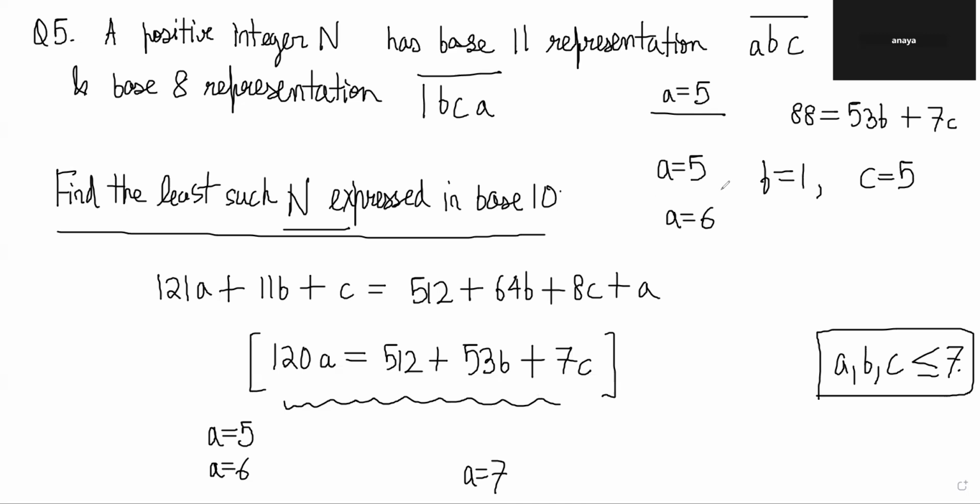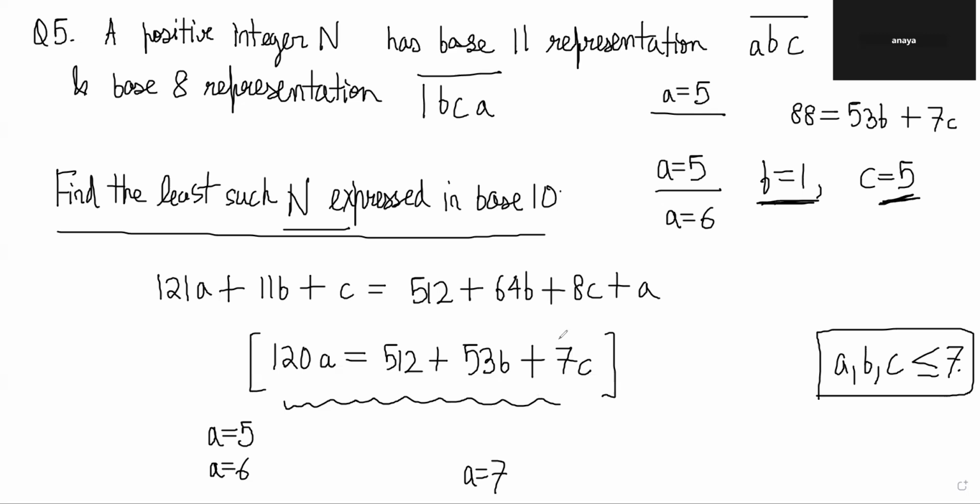How is the least such n 621 when you have already got an answer 515? Because if you plug in 515, the least number out of all the numbers is 515 or 621? 621. In what way? Because you have A is 5, B is 1, and C is 5, right?